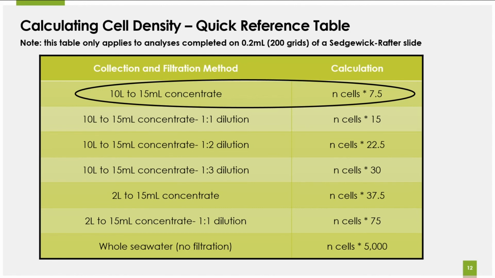That changes as you dilute, use a different filtration method, or use whole seawater. Again, you can see the math in the SOP if you really want to, but all you have to do is multiply by the numbers I provided here. This circled one up here is what you'll use 99% of the time.